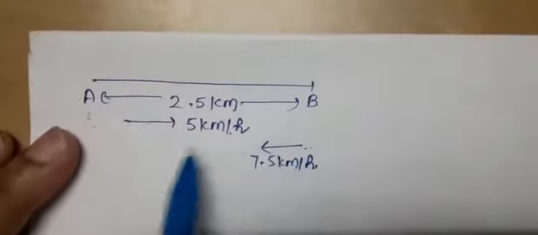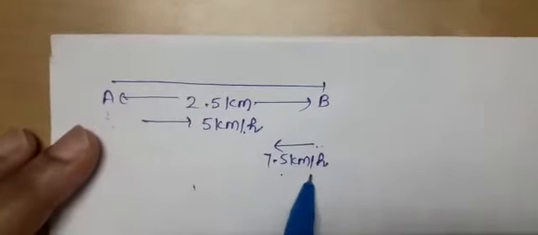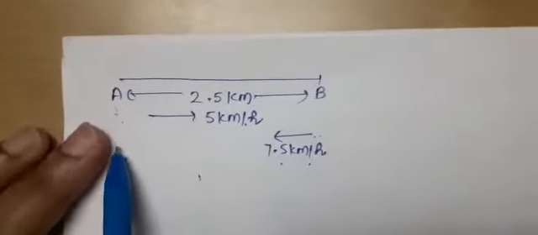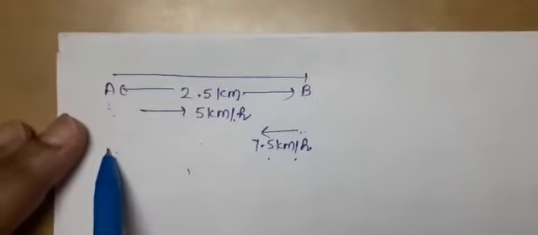Finding the market closed, he returned back from market to home, but with an increased speed, that is 7.5 km per hour. See, in both the cases, distance covered will be the same, because he has to reach again point A. So now to calculate average speed and average velocity, first of all you have to note the time taken when a person moves from A to B or B to A.